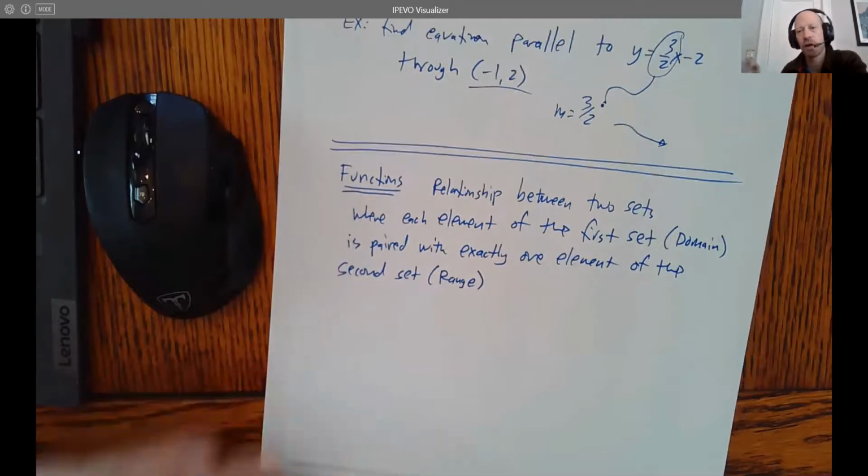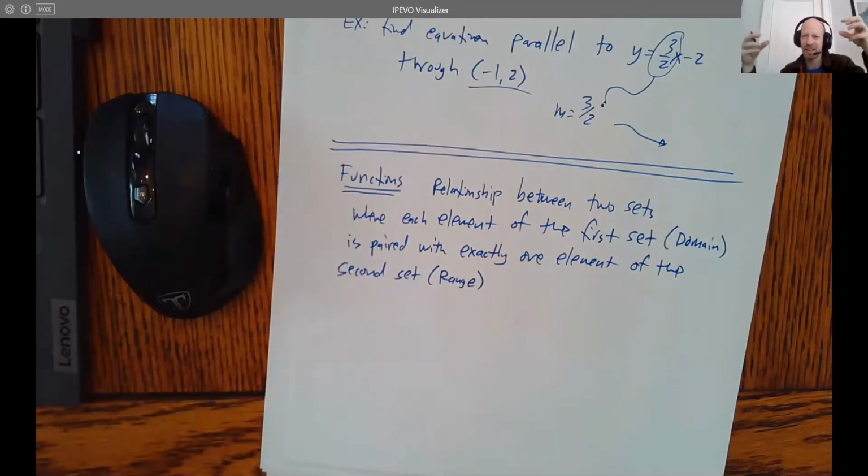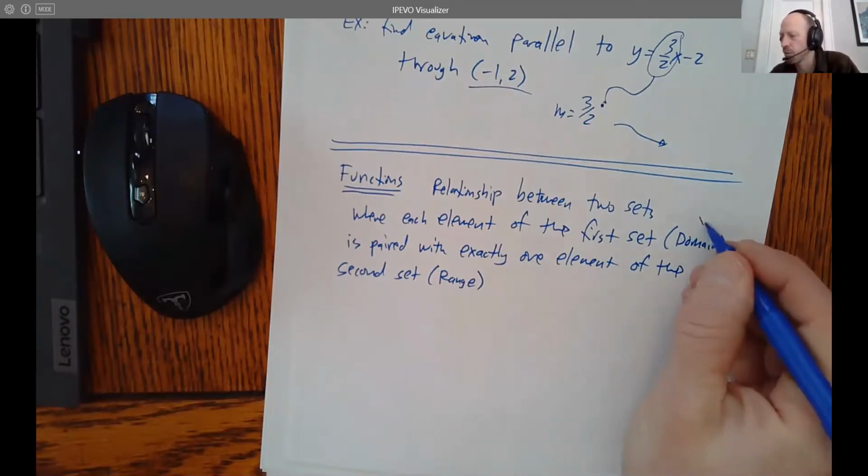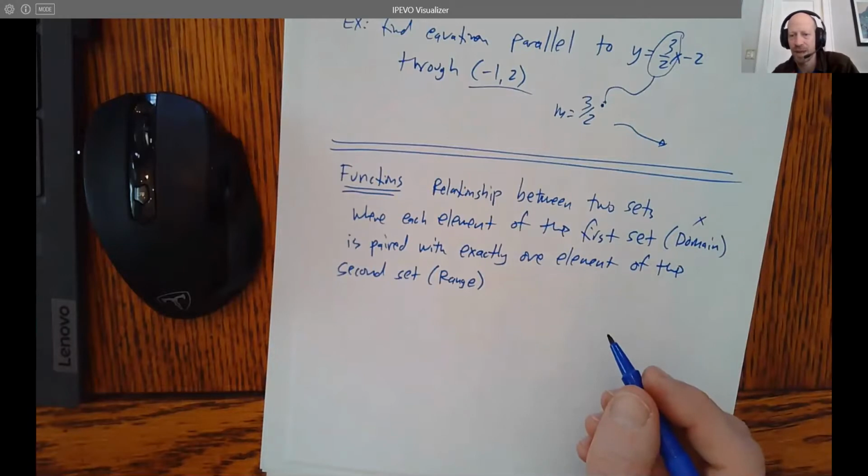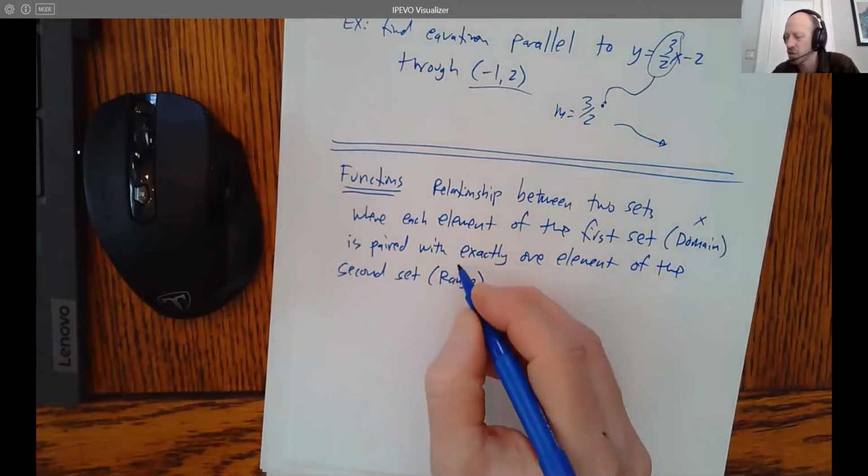Okay. So a function is a thing that connects. It's a relationship, and it connects two sets together. Mathematically, we often just call the x's the domain, and the ranges are the y values.